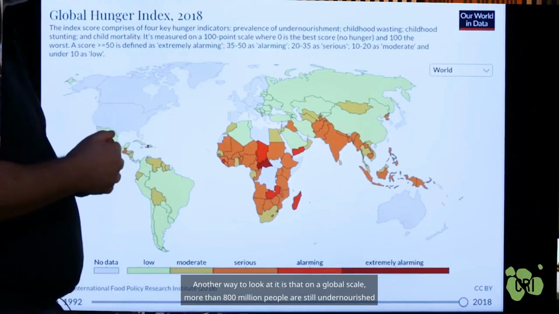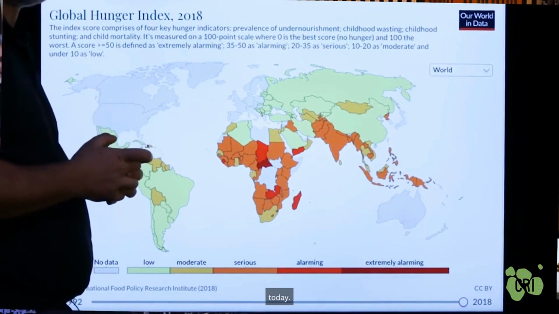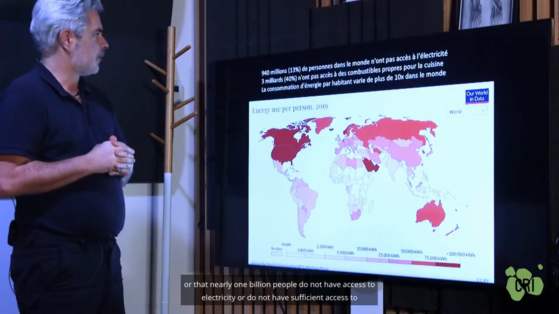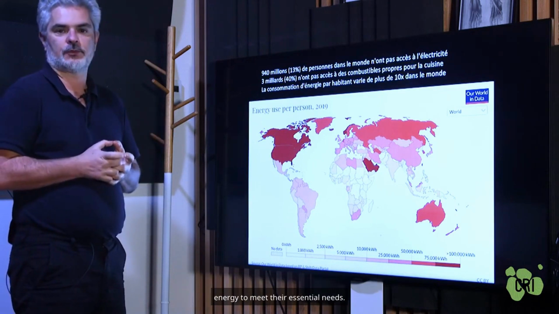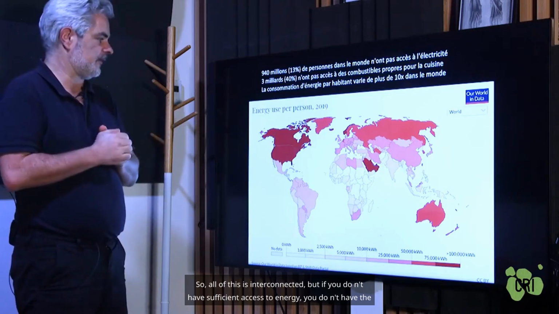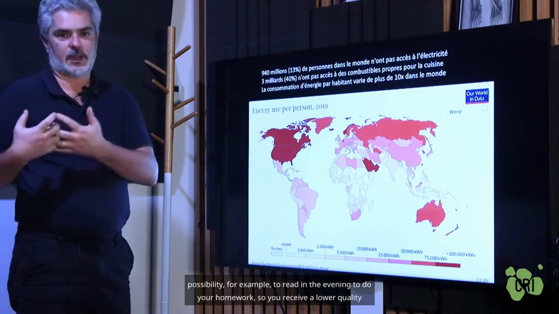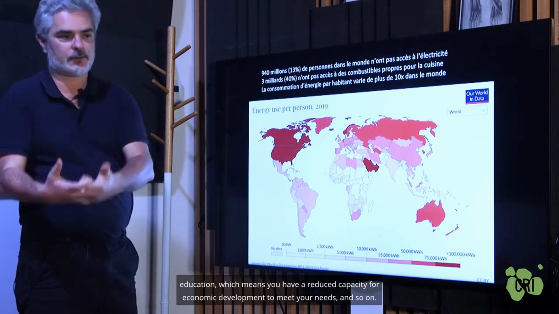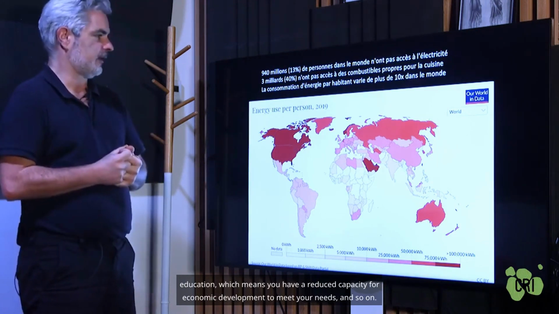Another way to look at it is that on a global scale, more than 800 million people are still undernourished today. Or that nearly 1 billion people do not have access to electricity or do not have sufficient access to energy to meet their essential needs. So, all of this is interconnected, but if you don't have sufficient access to energy, you don't have the possibility, for example, to read in the evening to do your homework, so you receive a lower quality education, which means you have a reduced capacity for economic development to meet your needs and so on.